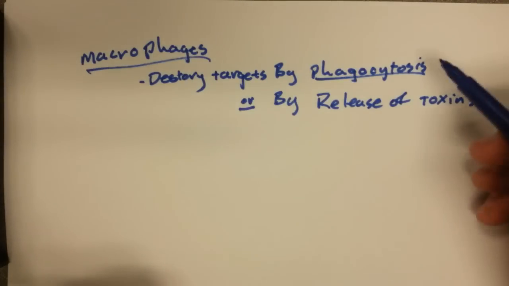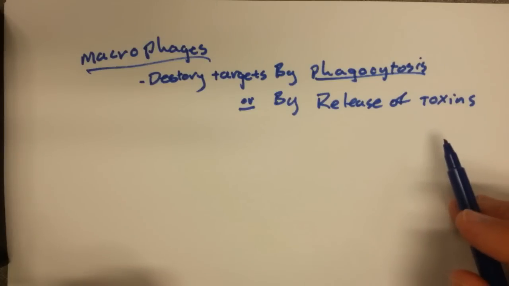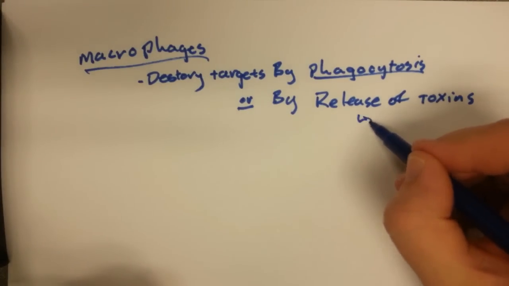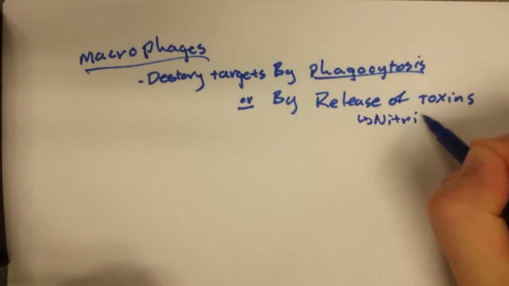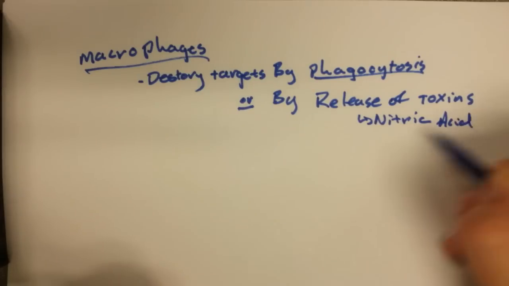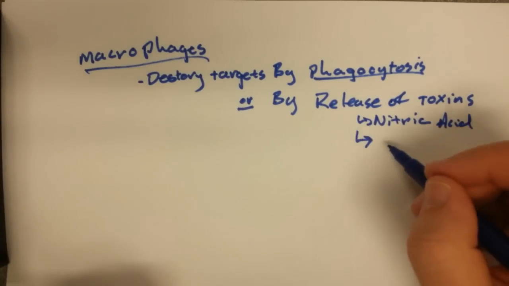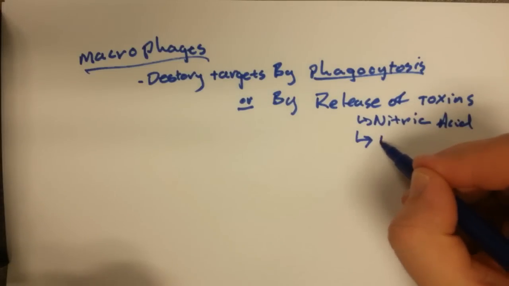So they can release toxins or do phagocytosis. The toxins are usually nitric oxide or hydrogen peroxide.